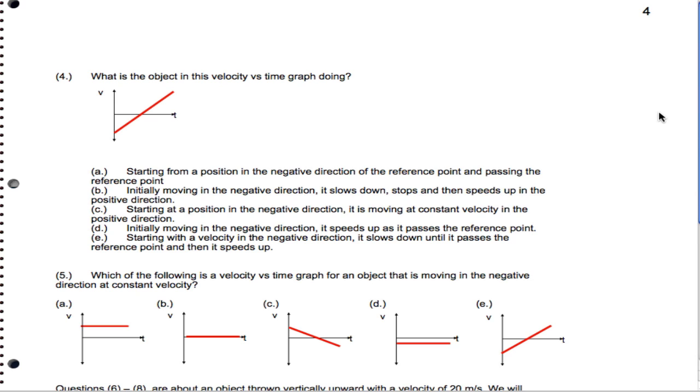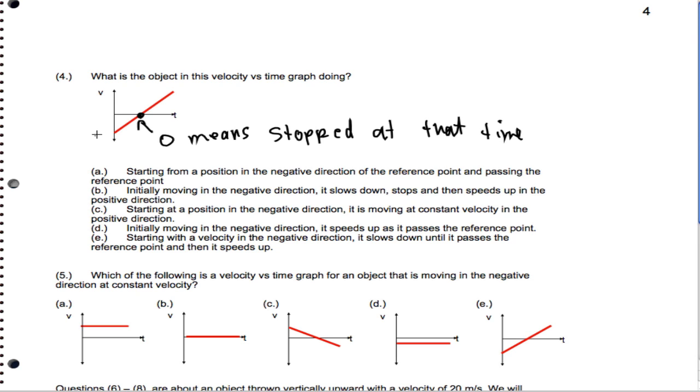Now, what is the object in this velocity versus time graph doing? Well, here's what actually happens. First of all, whenever your velocity graph touches 0, 0 means stopped. Again, let me just try to write that. 0, right there, this little point there, 0 means stopped at that time.